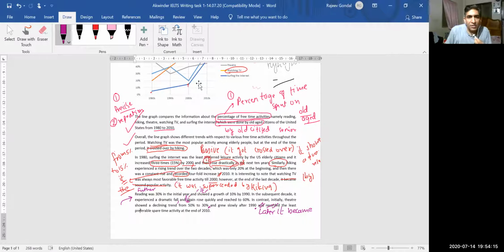Overall huge fluctuations or huge differences were recorded in the preference towards different activities. So you can write like this.